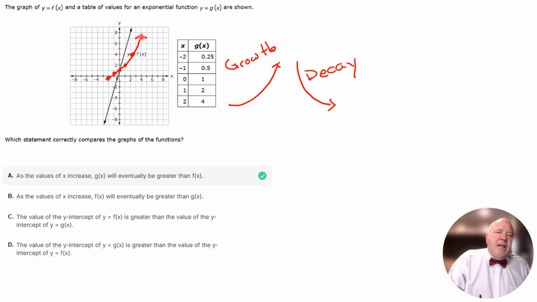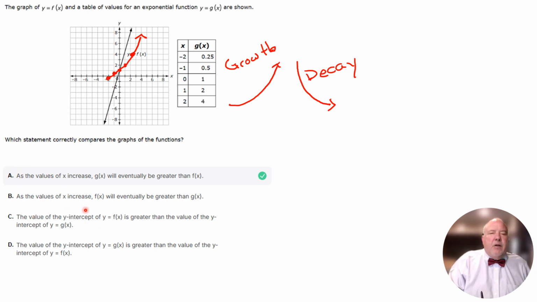So this line is going to keep going out. I really should have drawn it more like this. It's going to keep going, and it will always outpace this. So the value of g of x will eventually be greater than that because it's exponential growth. So the answer is A.